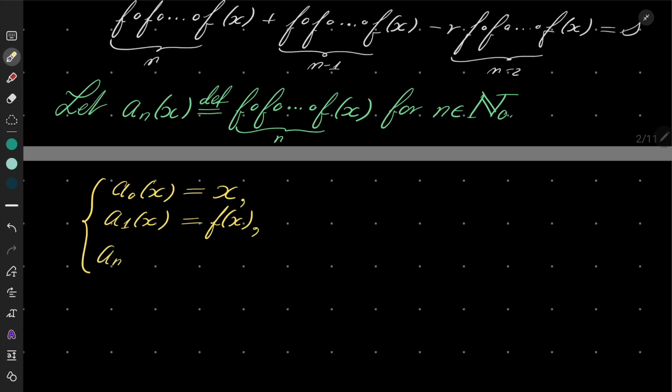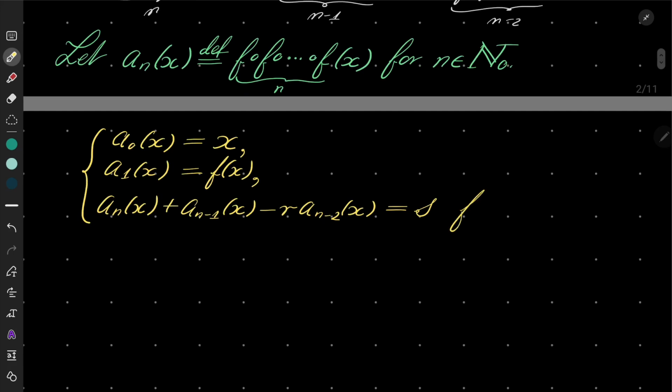And a_n of x plus a_{n-1} of x minus r times a_{n-2} of x equals s. And that holds for n which are 2, 3, 4, and so on.